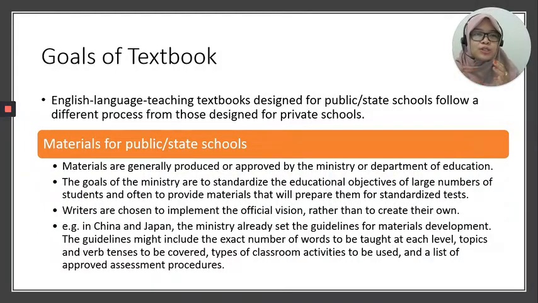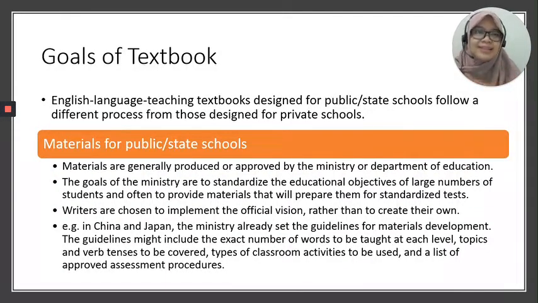When I was working under the ministry, we had a reviewer, and we were guided by an expert from the ministry, and he told us to please not make the text too long or too short for the students.